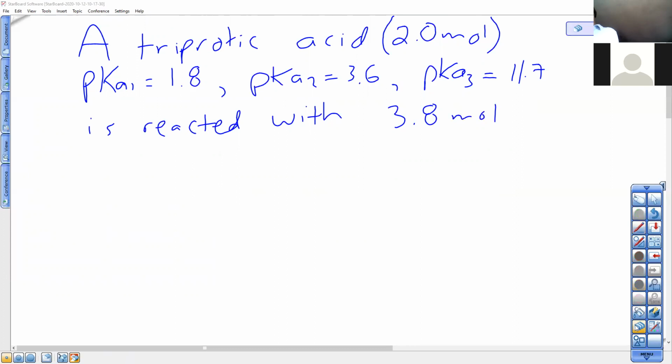It's a little high. 3.5 moles. I don't even like that number. Sorry, I'm waffling here.